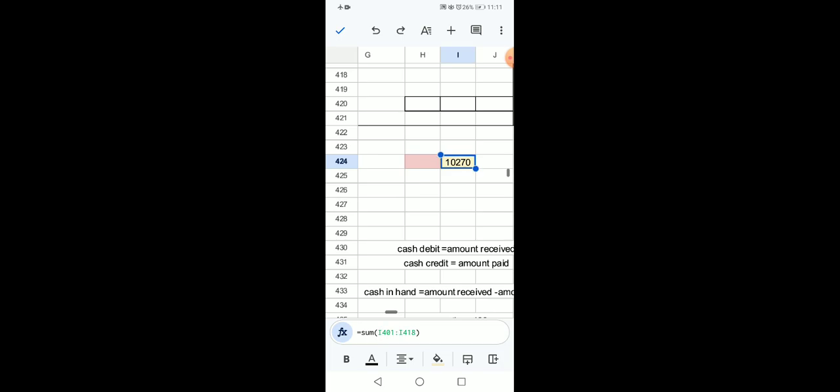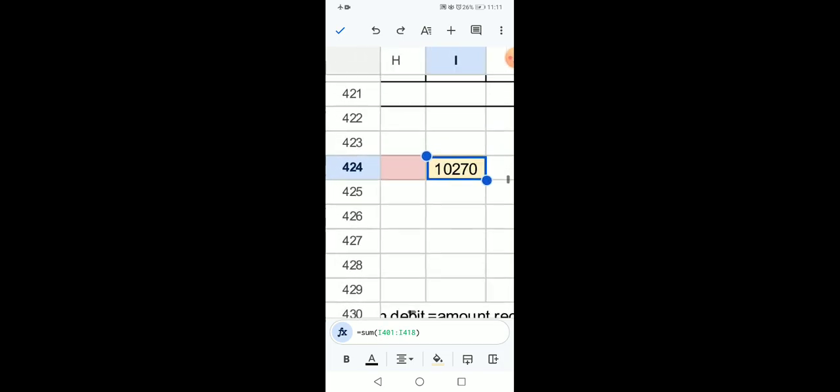Come to the question again. We were asked to deposit cash in excess of 490. For that, we have summed up all the amounts received, and we have summed up all the amounts which we have paid. The amount paid was the sum of the credit side, the amount received was the sum of the debit side. So it was the total amount which we have received, out of which this amount was paid.